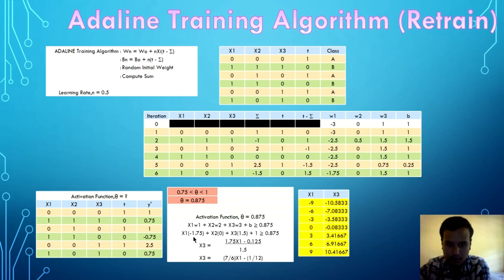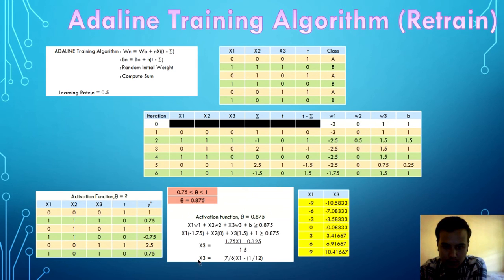So for x3, to find x3, x1 will be multiplied with -1.75 plus x2 0 plus x3 1.5 plus 1, and then we rearrange it and it will get 7 over 6 x1 minus 1 over 12.